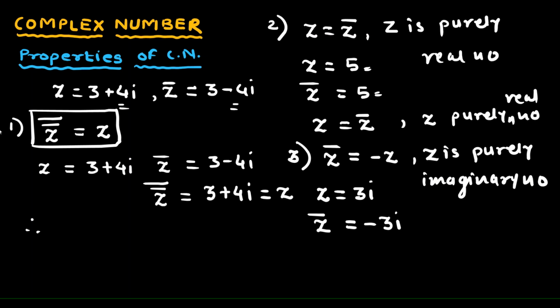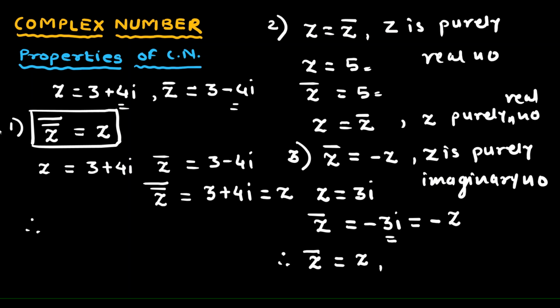The minus sign stays as it is, and in place of 3i I can substitute z. Therefore, z conjugate equals minus z.